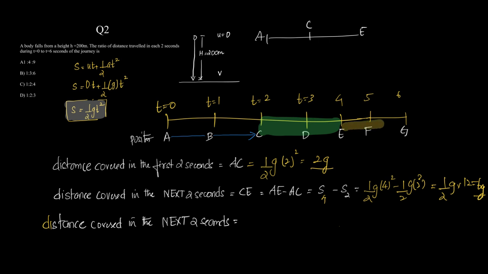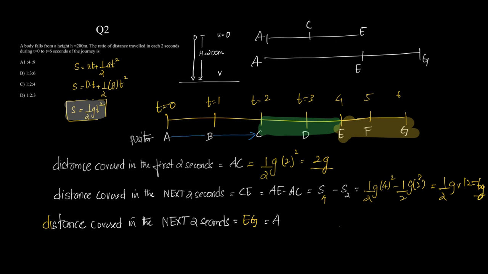It is primarily EG, right? It is EG that is being covered. So which is equal to EG. And how can you find out EG? EG will basically be equal to AG minus AE, right?